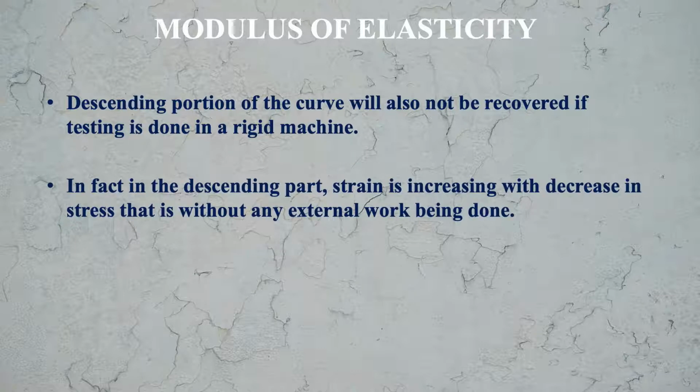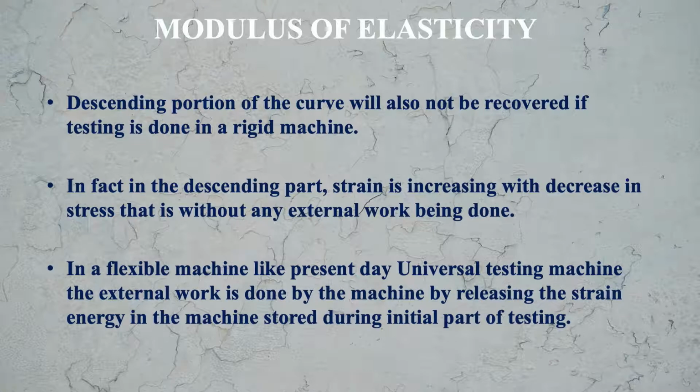In fact, in the descending part, strain is increasing with decrease in stress, that is without any external work being done. In a flexible machine like present-day universal testing machine, the external work is done by the machine by releasing the strain energy in the machine stored during the initial part of the testing.